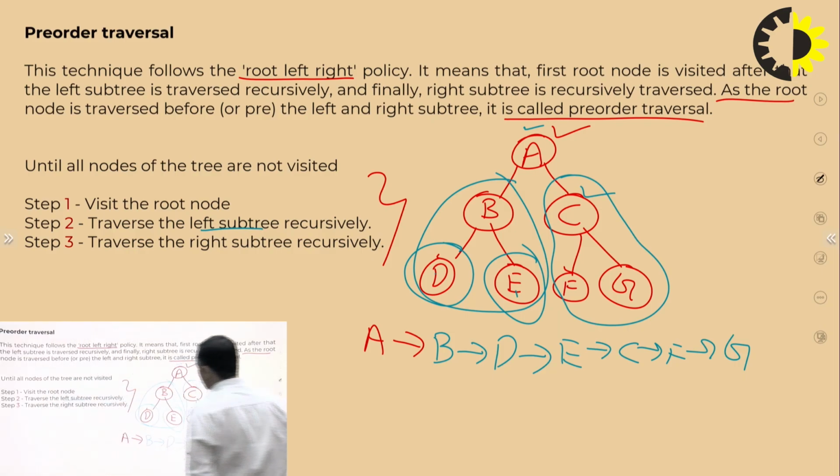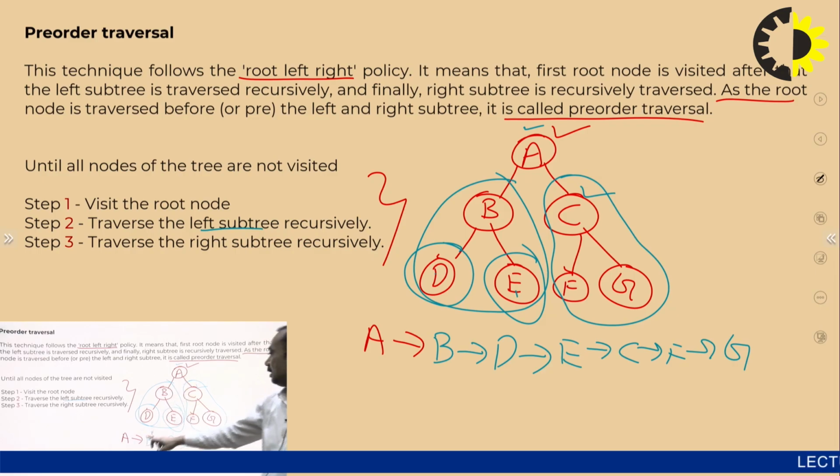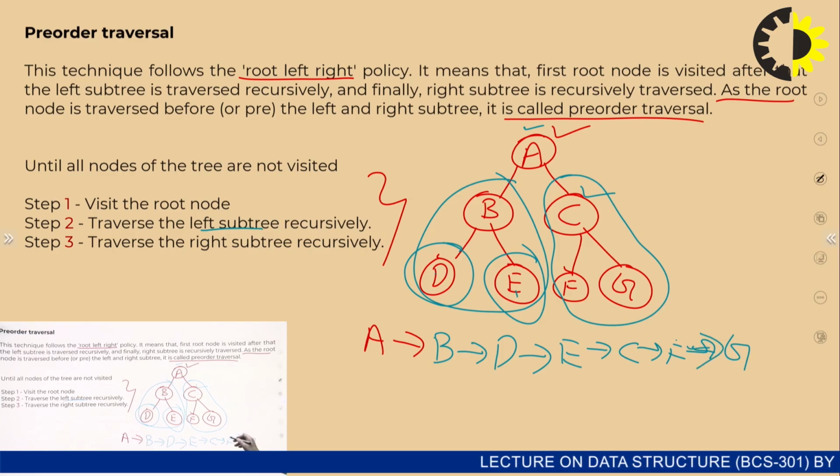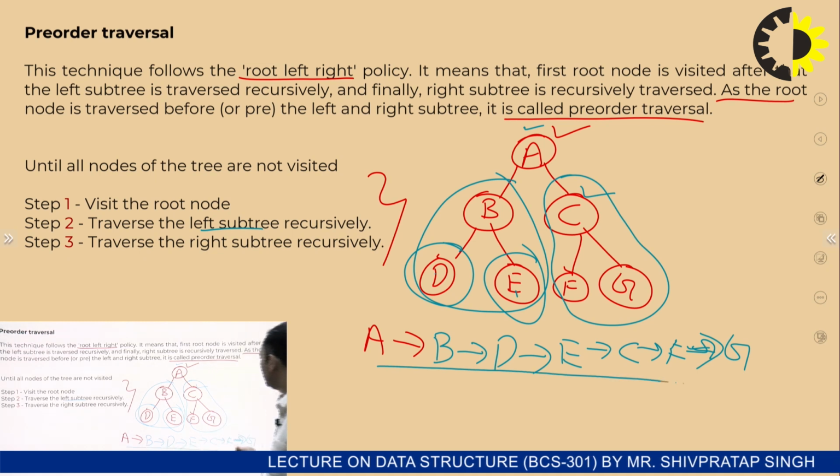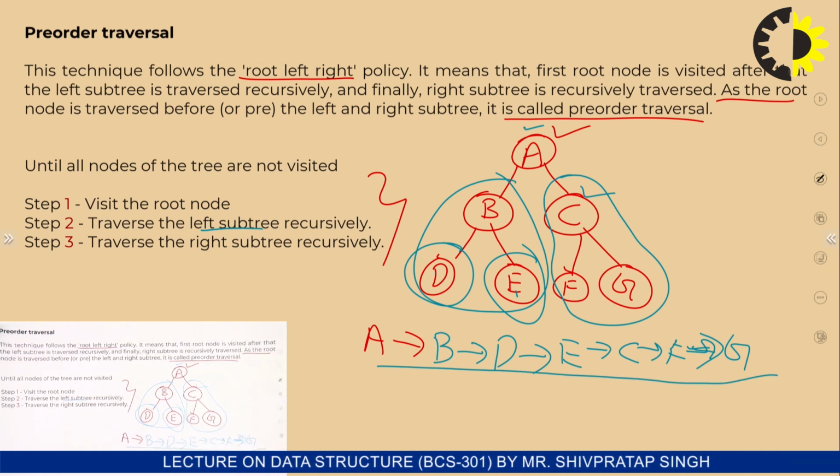The order of traversal is A, B, D, E, C, F, G.